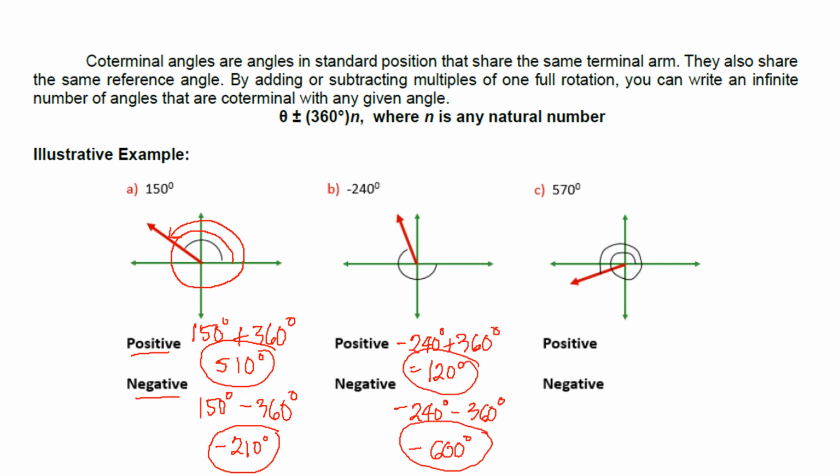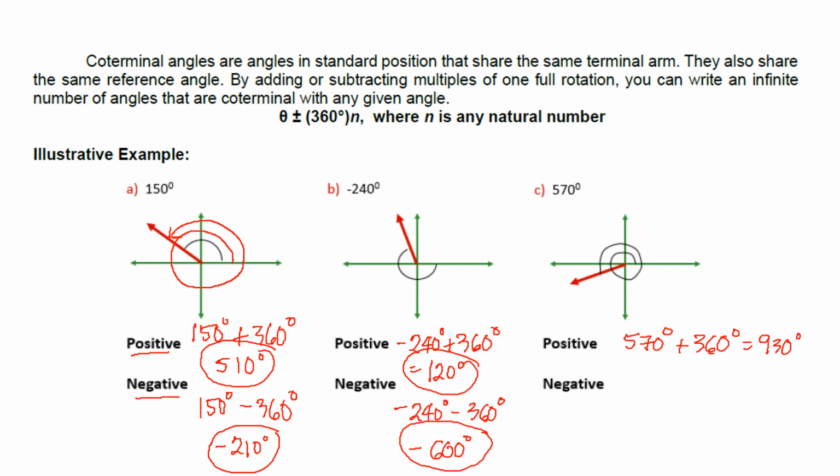Now, for the last example, we have 570 degrees. You can add plus 360 degrees or you can also subtract. If we add 360 degrees, 570 plus 360 degrees is 930 degrees.